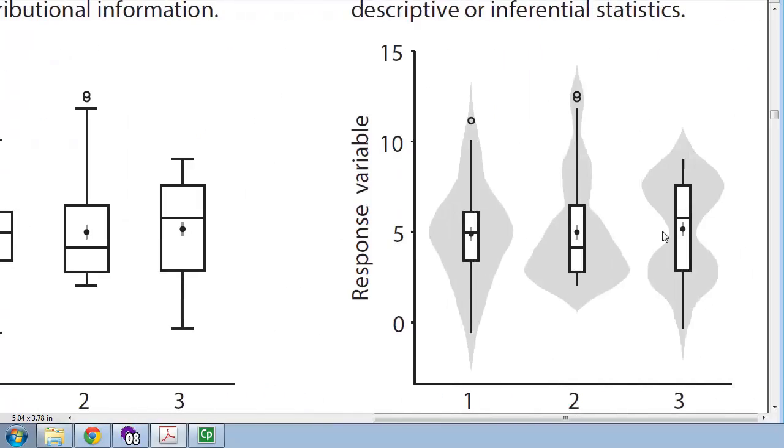If we do show even more, so we've got the box plots on here, but we also have these gray violin plots. It's basically a smoothed density curve, which is made symmetric. And one thing you can see is number 1 is a distribution that's not quite normal, but it's symmetric and there aren't really any outliers. 2 is skewed to the right, and 3 is bimodal.